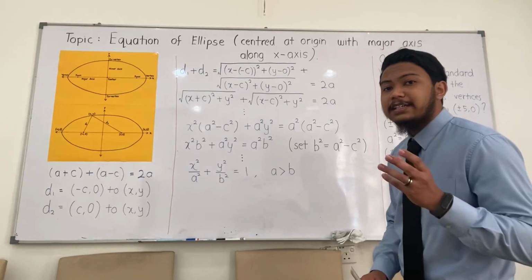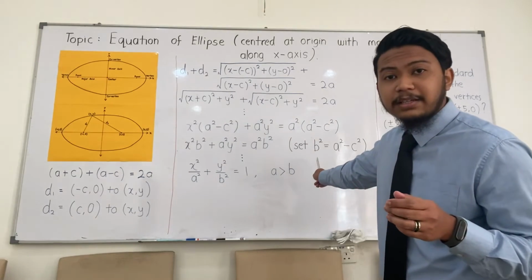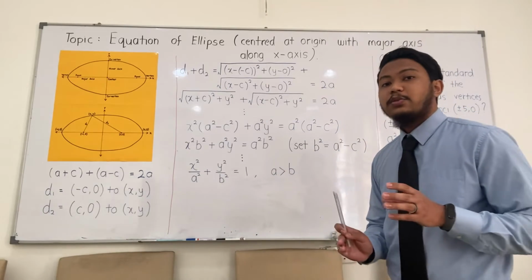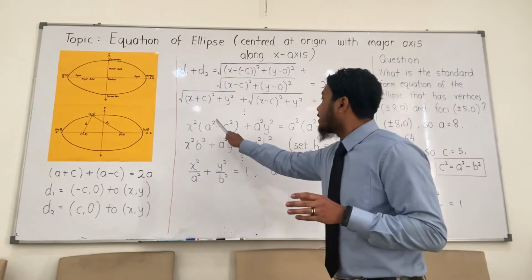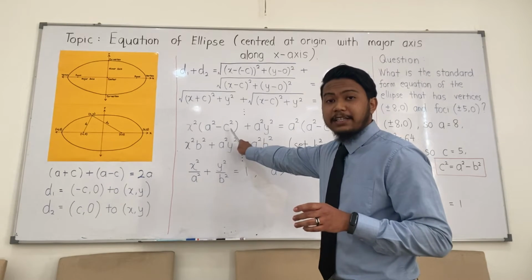Then we apply the equation for ellipse, b squared equal to a squared minus c squared, to substitute a squared minus c squared in this calculation.